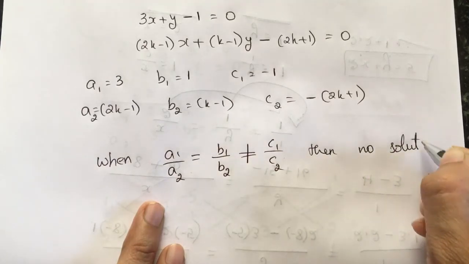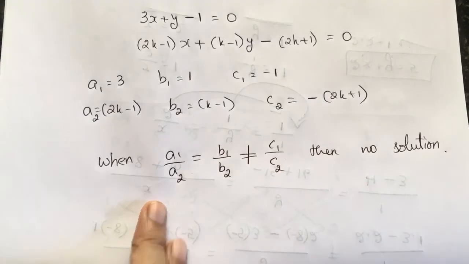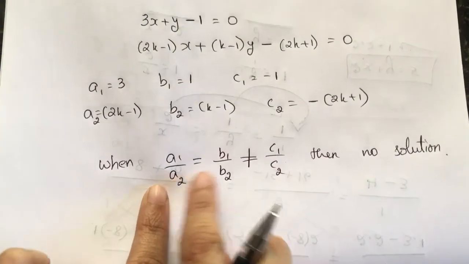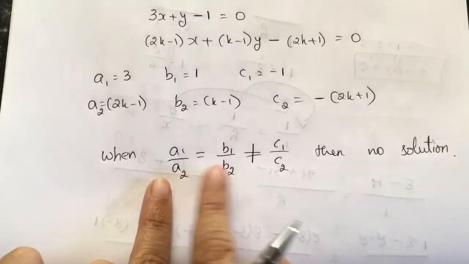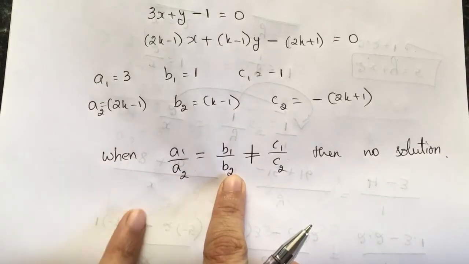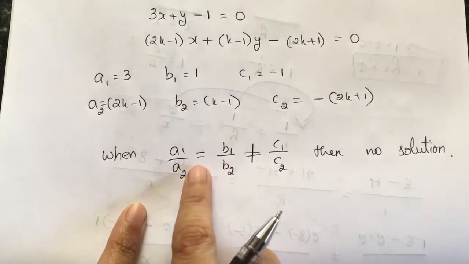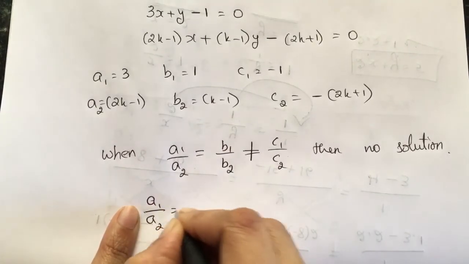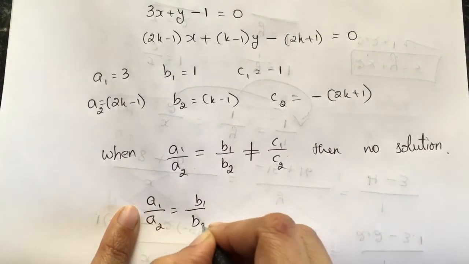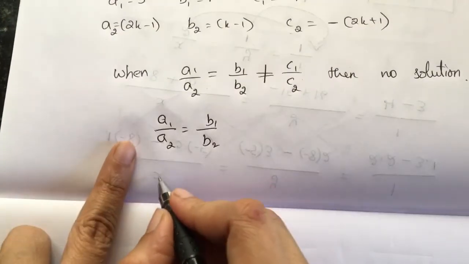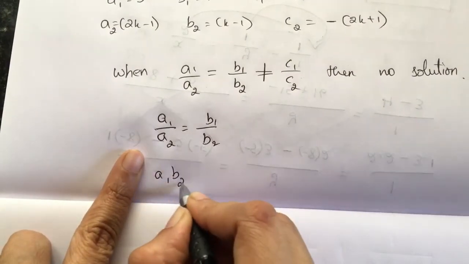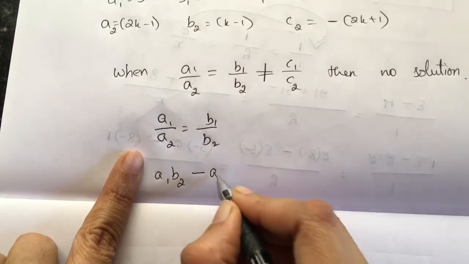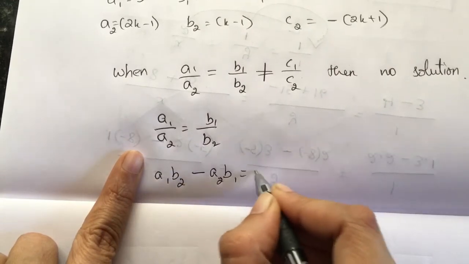This situation we know. Now I'll just apply that. These two are equal, we know that, so I'll just use this first: a1 by a2 equal to b1 by b2. They both will be equal. That means it's the same as writing a1 b2 minus a2 b1 equal to 0.